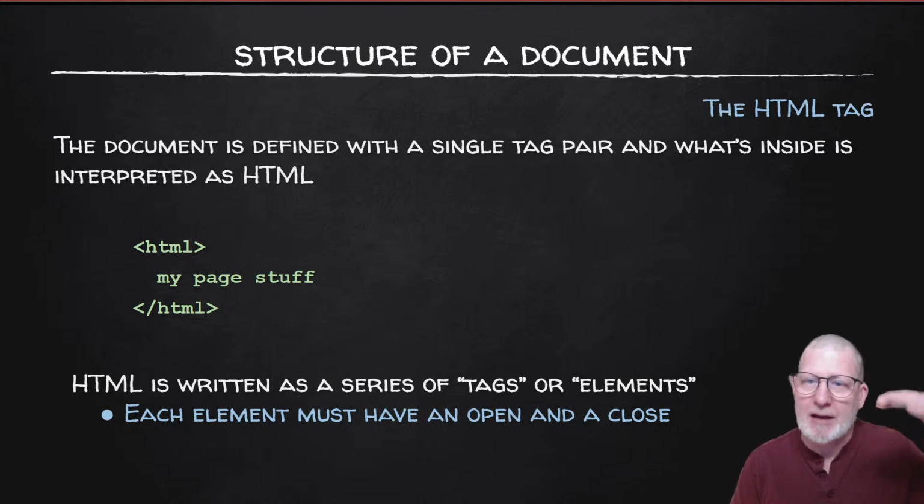So everything we do has to be between the beginning and the end tags. In fact, as a structure overall, our entire document is going to be a collection of these tags, and the tags will have a beginning and an end to tell the browser when to start and when to finish. Each of those tags is then written top to bottom in the file, and the browser interprets them in that order.